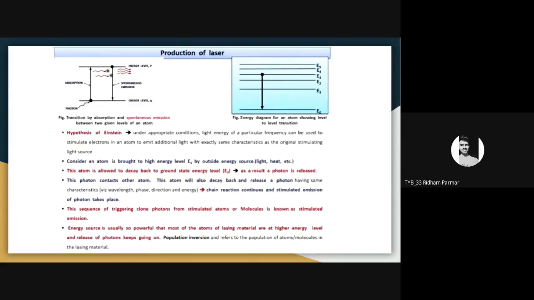And we can do different kinds of operations, like cutting, drilling, machining, micro machining, tripping. The laser light is concentrated into a very small area.